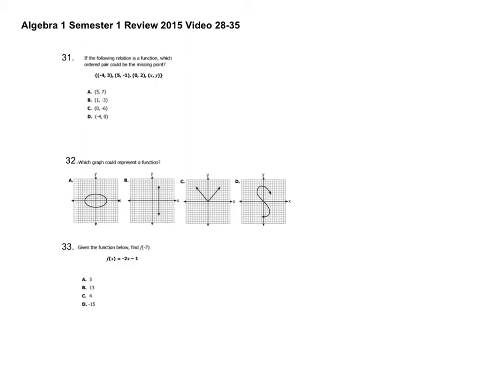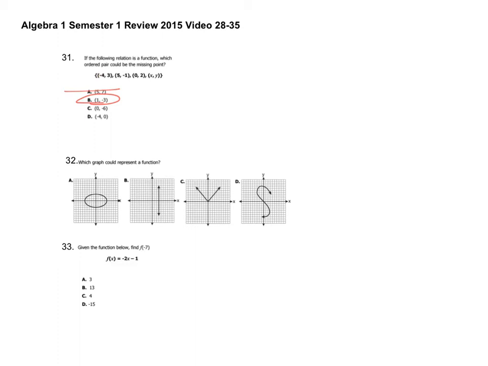Well, I see the 5 up here. So, can't use that one. If I use the point 1, -3, would I be duplicating an x value? Is 1 used up here? It isn't. So I think 1, -3 is my answer. Let's just double check. Would 0 be a duplicate? It would. Would -4 be a duplicate? It would. So my answer is B.